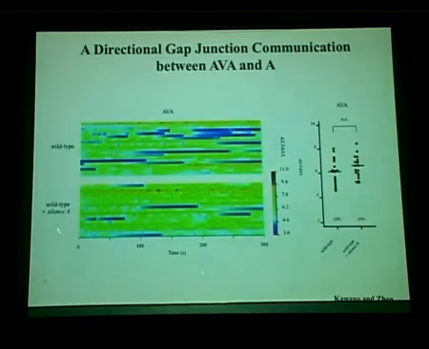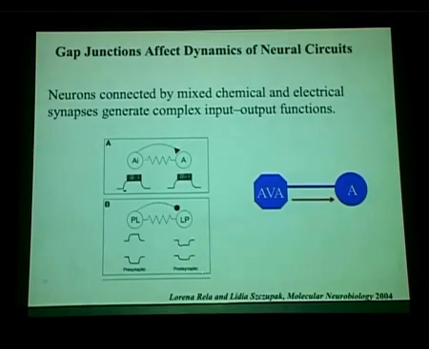Basically, in wild-type animals, we can silence the A motor neuron activity and do calcium imaging in the AVA neurons. It doesn't matter how we silence the A motor neuron activity, it does not have a negative impact on AVA. So that suggests that, especially in the case of mixed chemical and electrical synaptic outputs in a neural circuit, those neurons can generate much more complex input-output functions, instead of the simple model of gap junctions synchronizing activity or compartmentalizing a neural circuit.